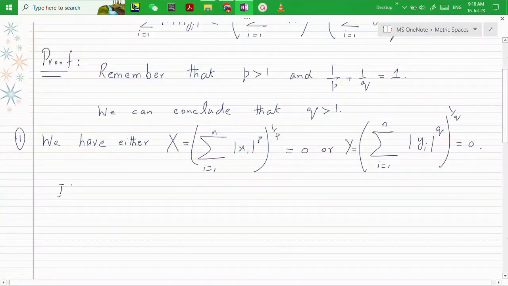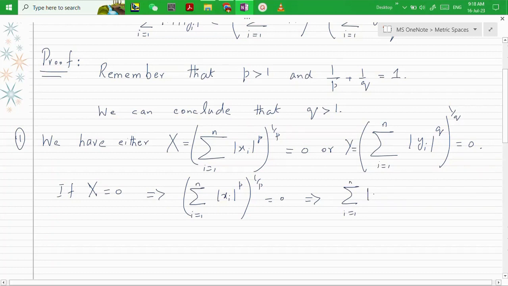If X is equal to 0, this implies that the summation i from 1 to n of mod xi power p, whole power 1 by p, equals 0, and this implies that the summation equals 0.